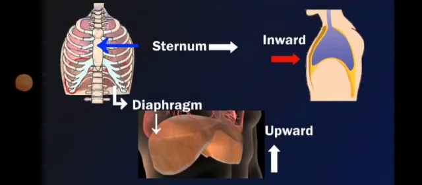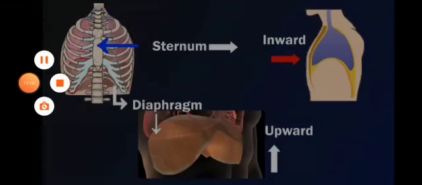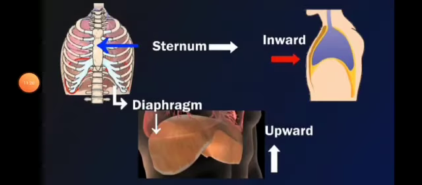In the exhalation process, the sternum moves inwards and the diaphragm moves upward, which is the opposite of the inhalation process. Here you can see that in exhalation, the sternum moves inward and the diaphragm moves upward. Due to these movements, the exhalation process takes place.